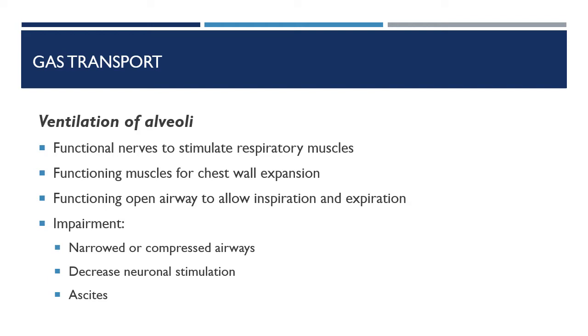So someone was going to get 5 milligrams of morphine, they got 25 milligrams of IV morphine. And that has suppressed the ventilation stimulation from the nervous system. It's suppressed neuronal stimulation, leading to decreased ventilation.